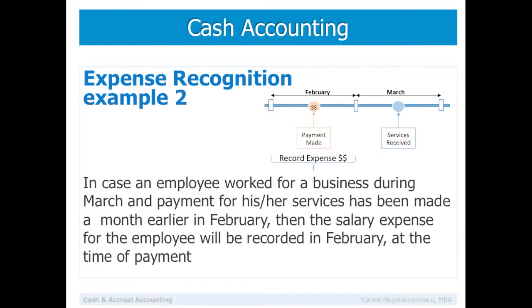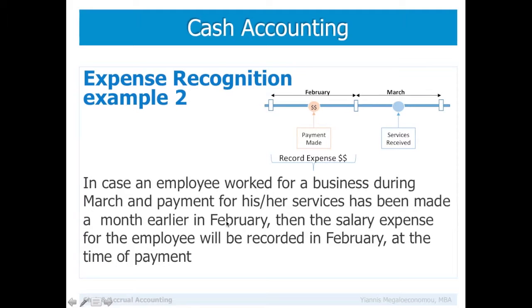Let's see another example. I have another scenario. Let's say we have an employee who worked for a business during the month of March. However, the employee received payment for these services a month earlier, in February.